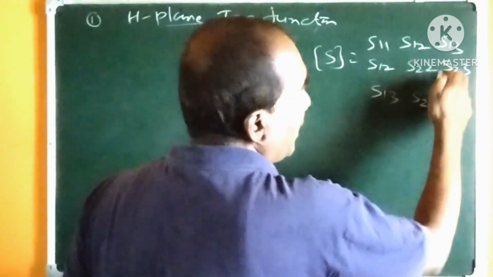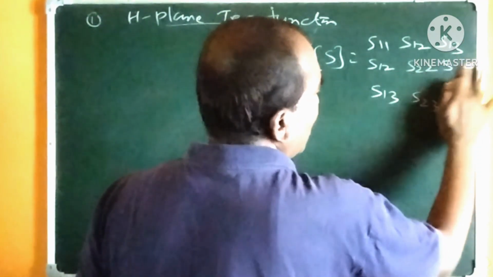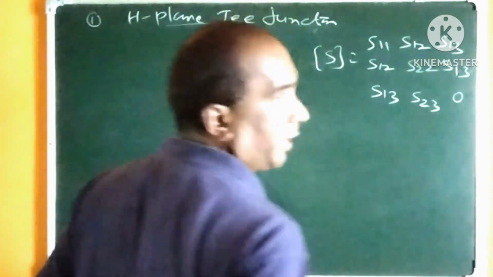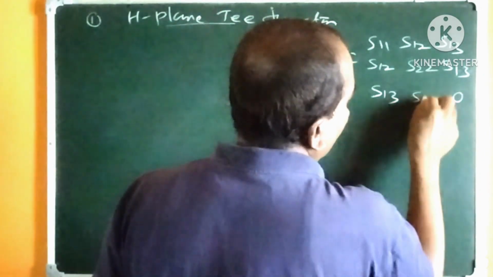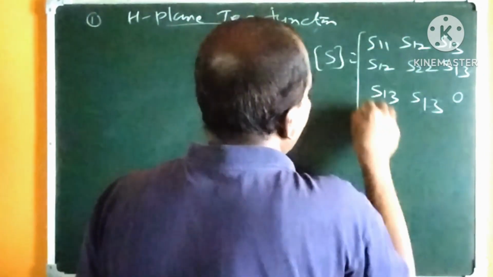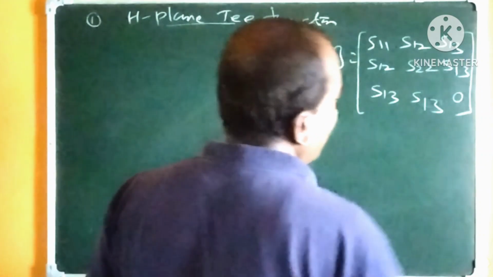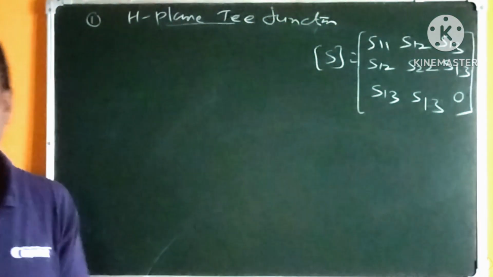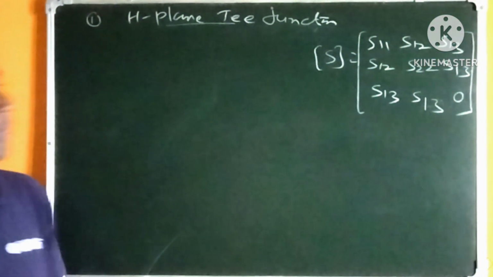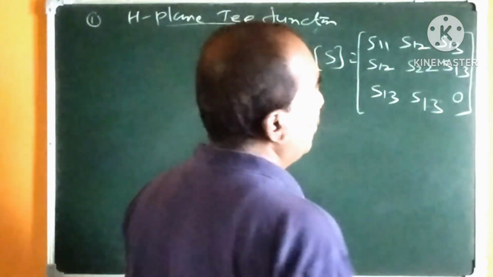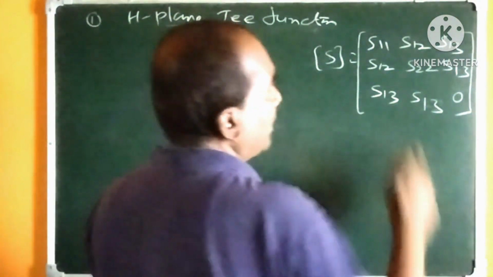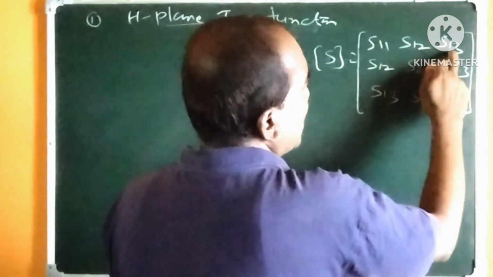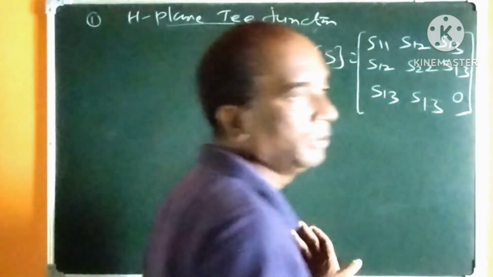Due to the plane of symmetry, S23 equal to S13, so it may be replaced with S13, and this may be replaced with S13. Therefore, the S matrix of the H plane T junction is this one. So here we have 4 unknown parameters, S11, S12, S13 and S22.